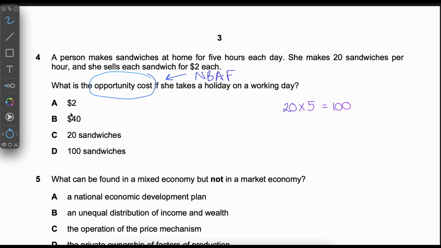So we have to discuss it in terms of sandwiches. So the opportunity cost, what she is losing, or essentially what she's not going to be doing if she takes the holiday, is 100 sandwiches. She's not going to have 100 sandwiches if she goes on holiday for a working day. She's giving up the fact that she's making 100 sandwiches. So the answer is D.